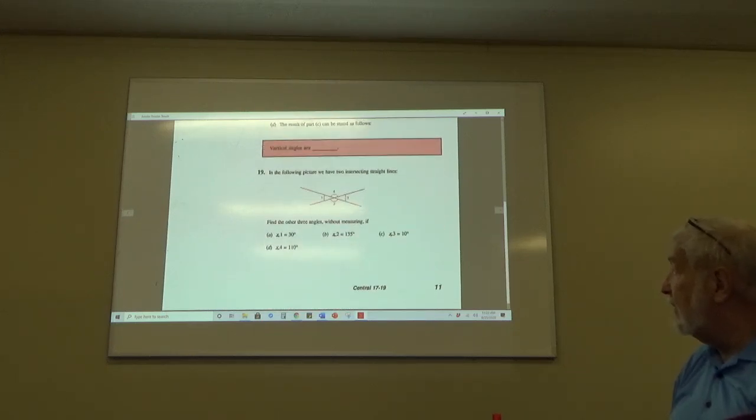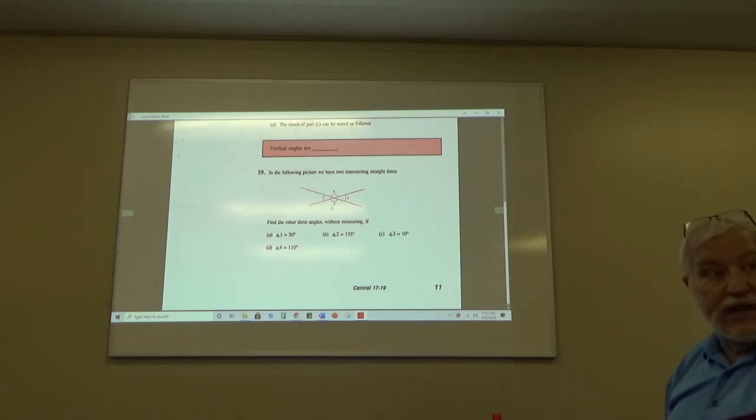Okay, now, find the other 3 angles. If angle 1 is 30 degrees, how much is angle 3? 30 degrees. And then what is 4 if 1 is 30? 150. And 4 and 2 are the same, right? You should be able to do that given any of these measurements.